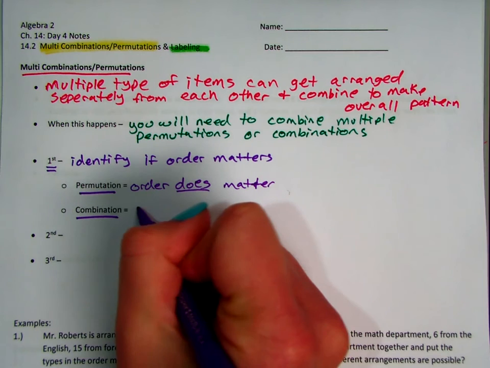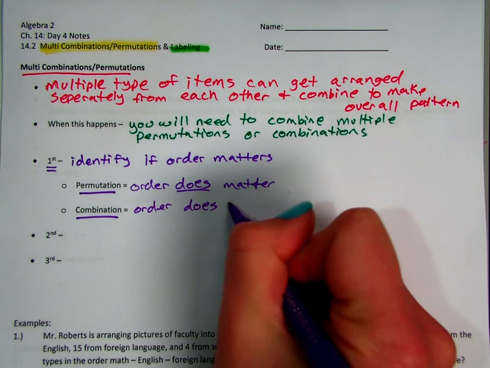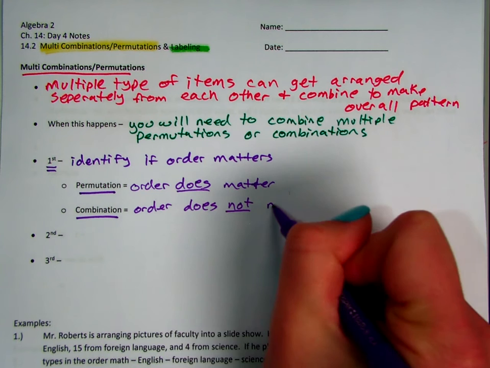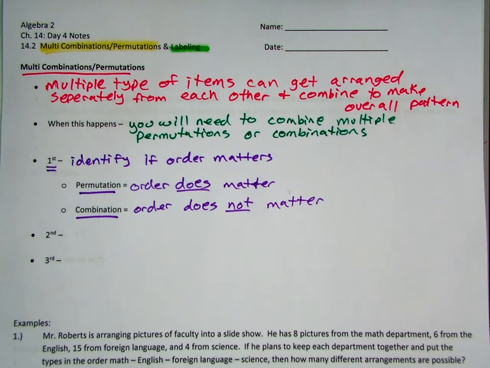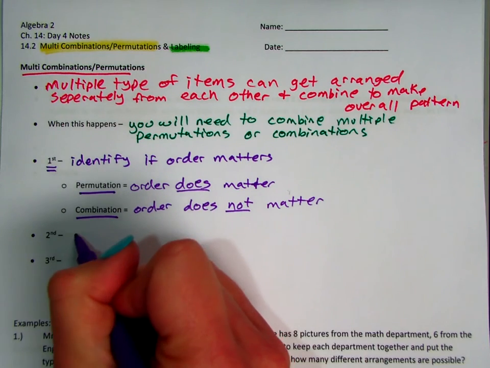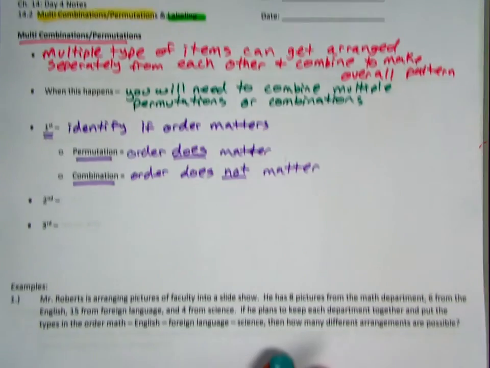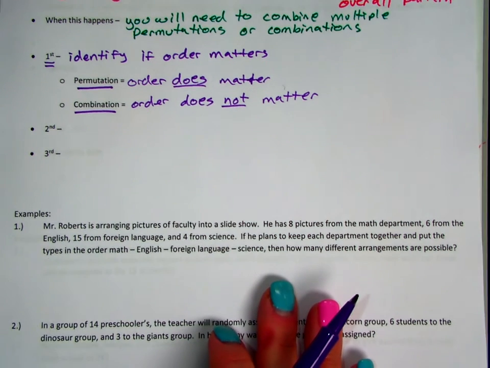If order does not matter, then it's a combination. And that will tell us our starting point. So let's do these steps as we read through this first example.